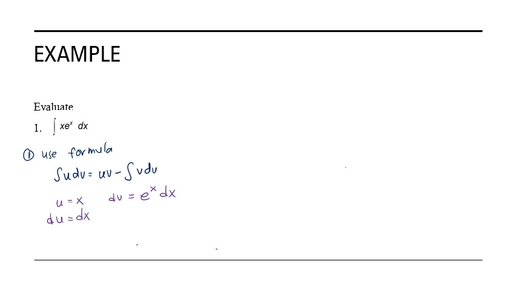So, du is equal to dx. Integrate u dapat du, integrate x dapat dx. Okay, next find v. So, v is integrate exponent x dx. So, integrate exponent x become exponent x plus c. Okay. But plus c tu tak payah tunjuk lagi, tak apa.